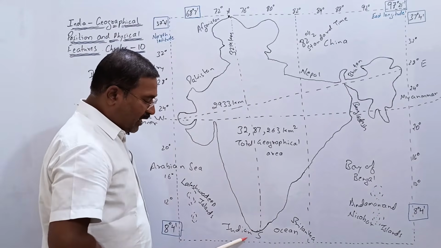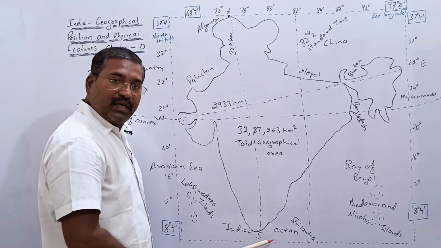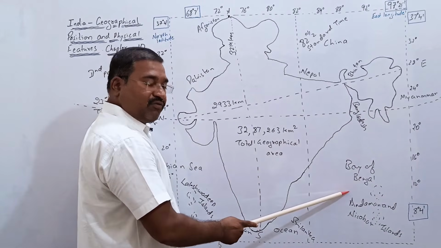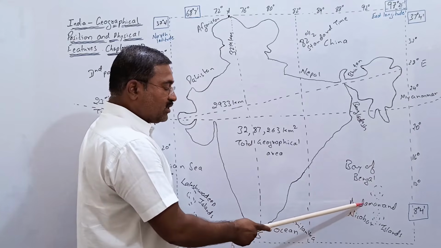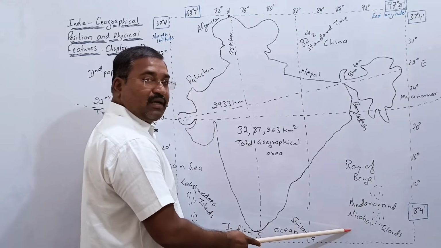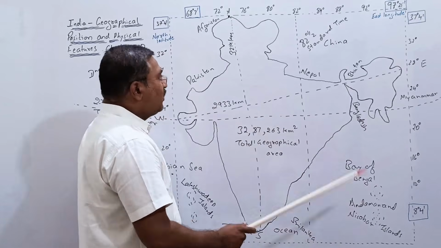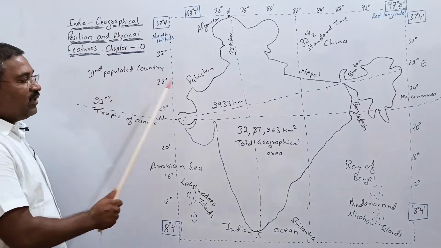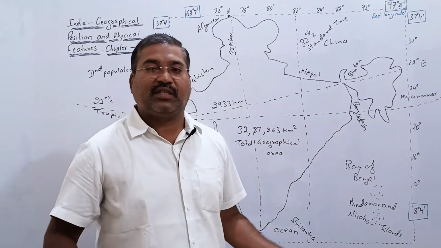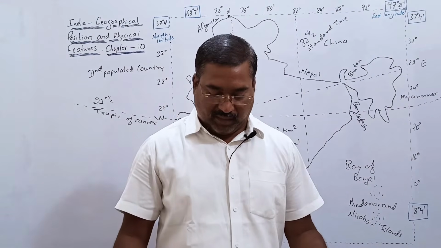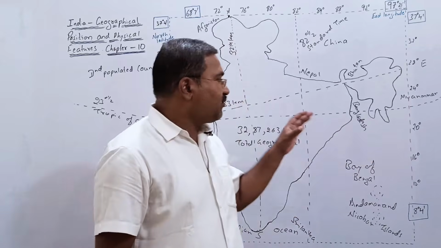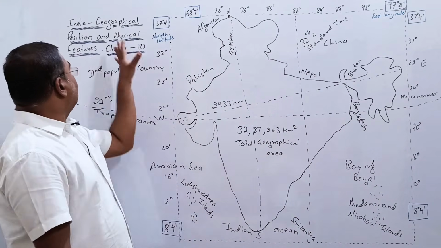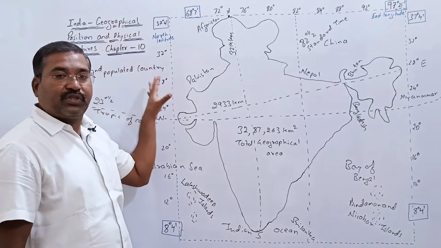Down to the south, we have the big Indian Ocean, and towards the eastern part, we have the Bay of Bengal with islands called Andaman and Nicobar Islands. India is the second most populated country with two more different names, Hindustan as well as Bharat.